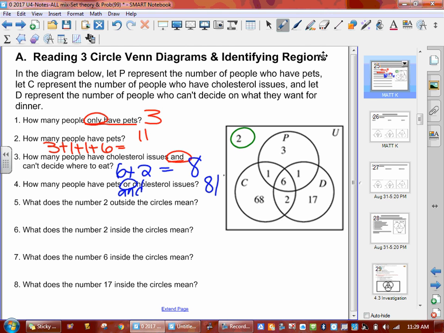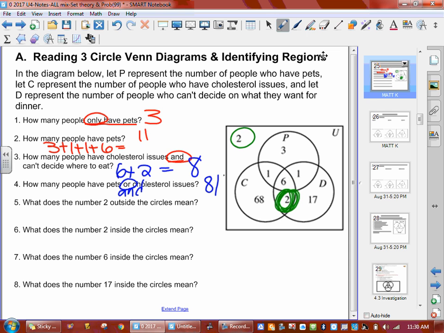Next. What does the number 2 inside the circle refer to? What would this number 2 refer to? Good. Only cholesterol and can't decide what to eat. You have to include the only, because if you don't say only those two, then you're including the 6 as well. So these guys, number 2, are the ones that have cholesterol issues and can't decide what they're having for dinner.